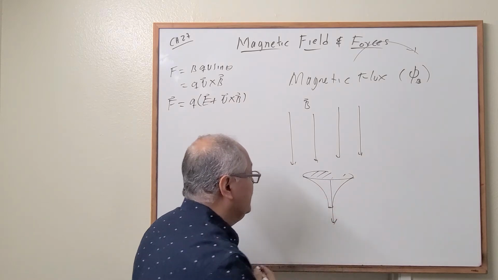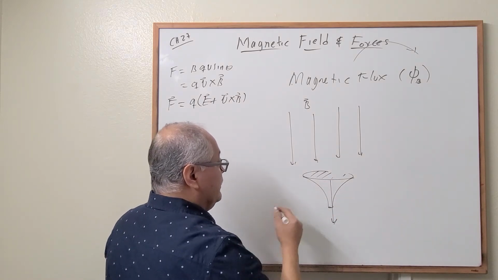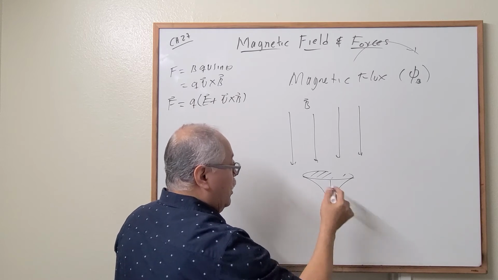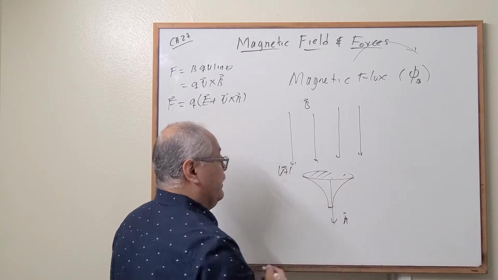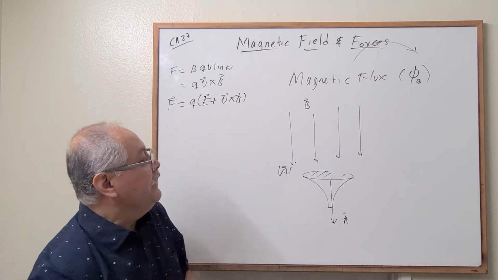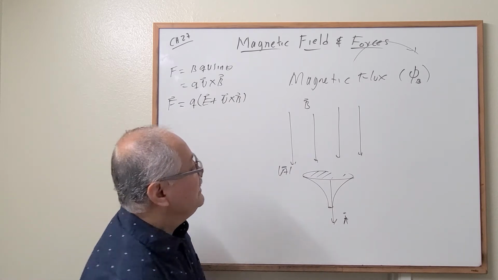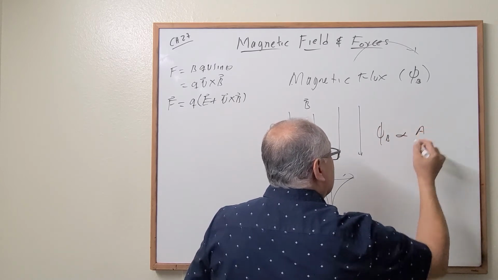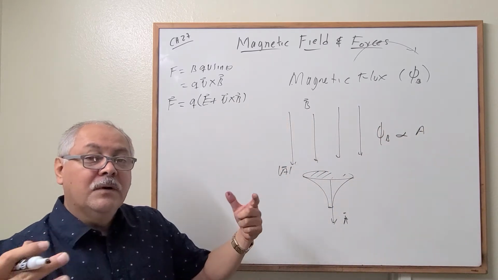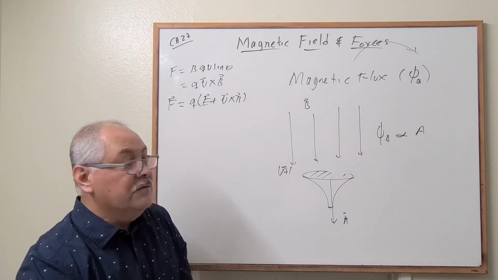This is the magnitude of the area, and this is, correct, the direction of the area. Now it's found that the magnetic flux, correct, is proportional to the area. If we increase the area, right, we increase the magnetic flux.